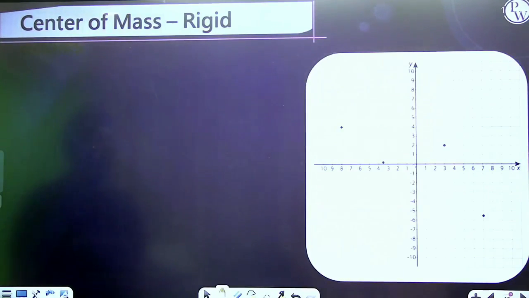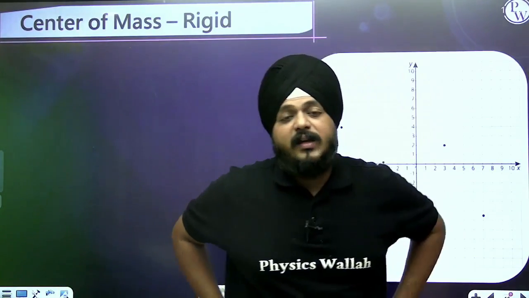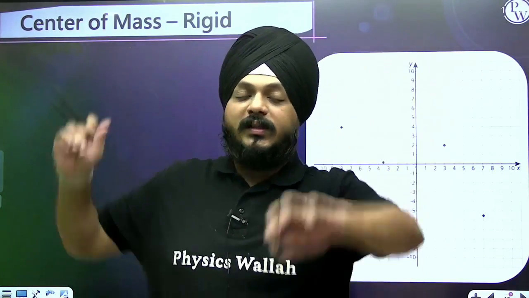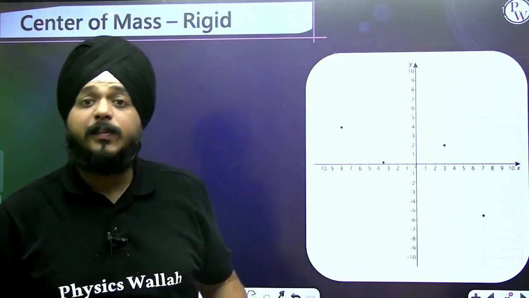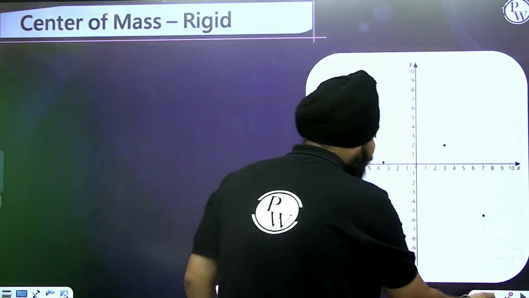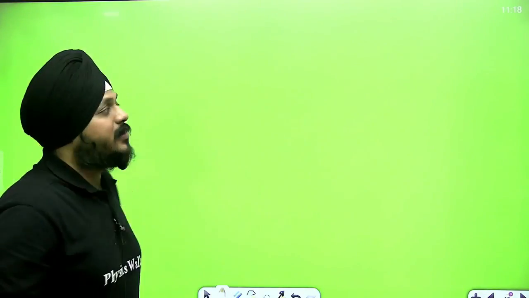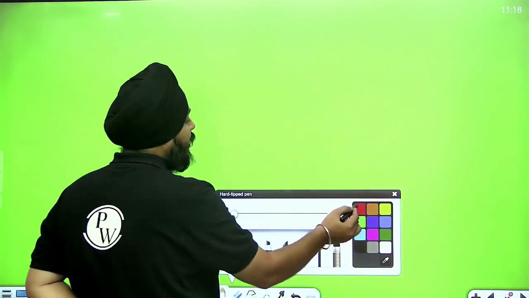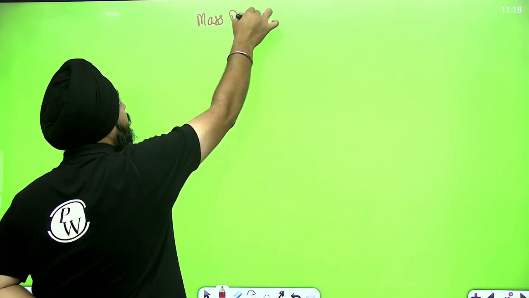Center of mass for the rigid bodies. We have the respective formulas for the center of mass of the rigid bodies, or the continuous bodies. But before moving on to that, we need to understand the concept of mass densities.